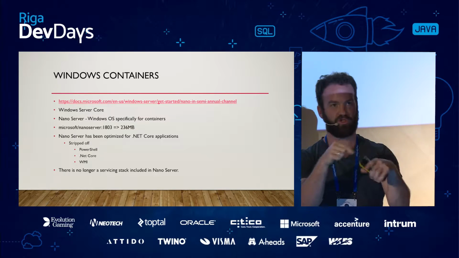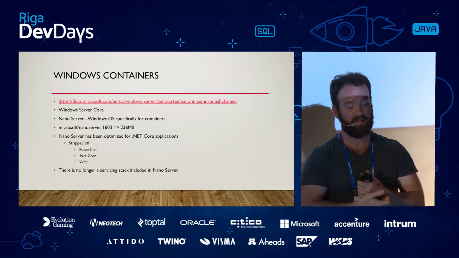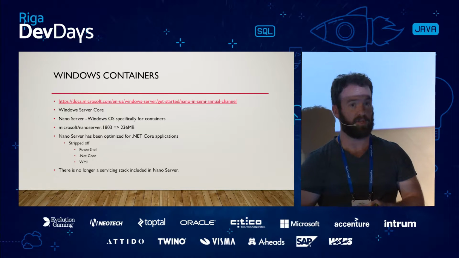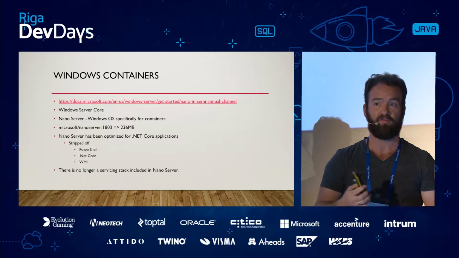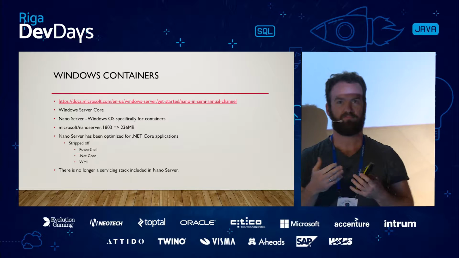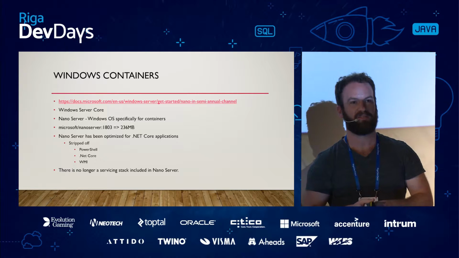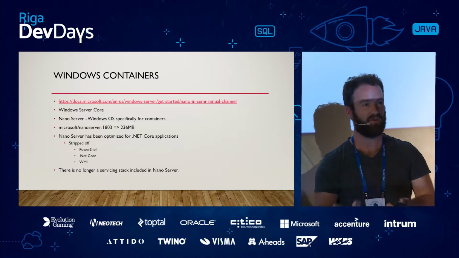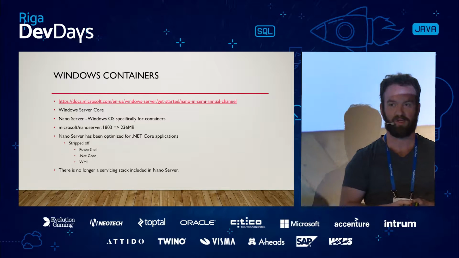You get a little shell, but that's it. Problem with Windows Server Core is that the vanilla size of that is still 4.5 gigabytes. And deploying 4.5 gigabyte size containers is not very cloudy, if that makes sense.